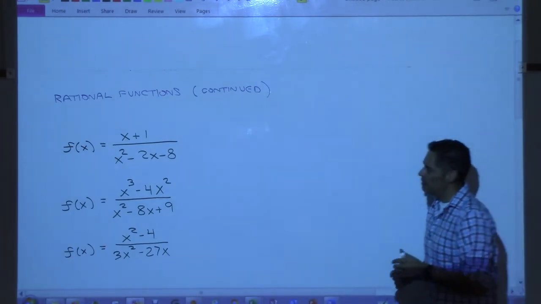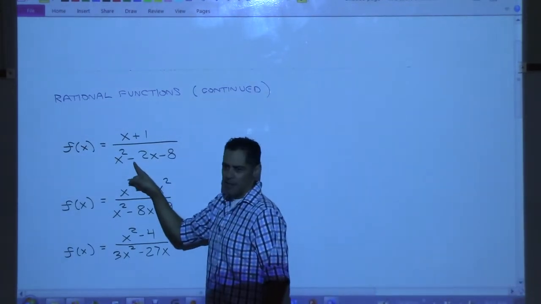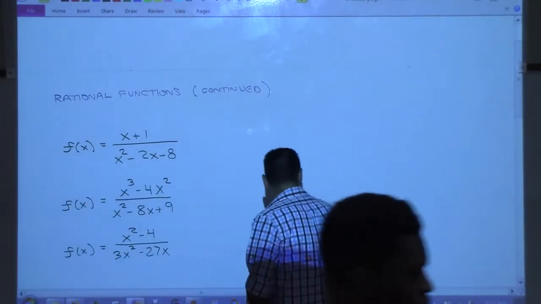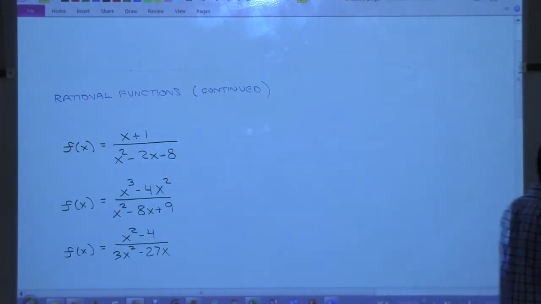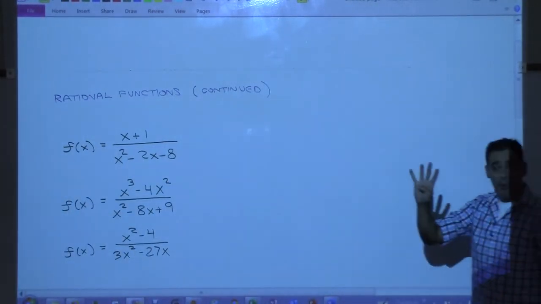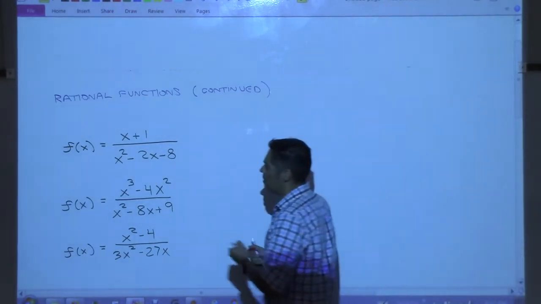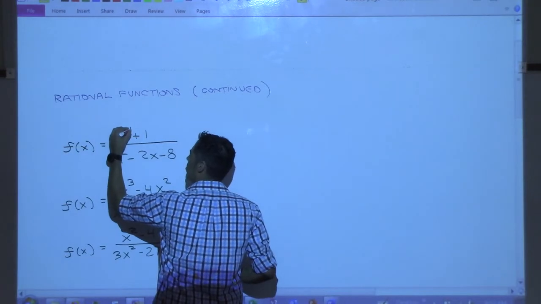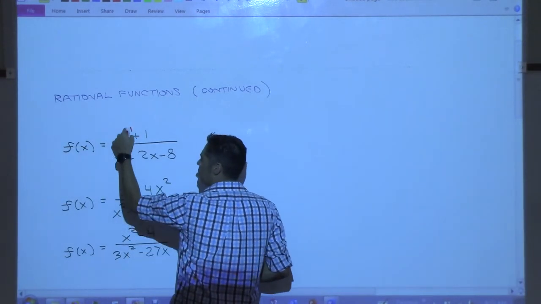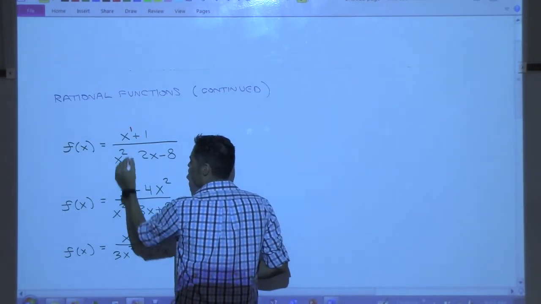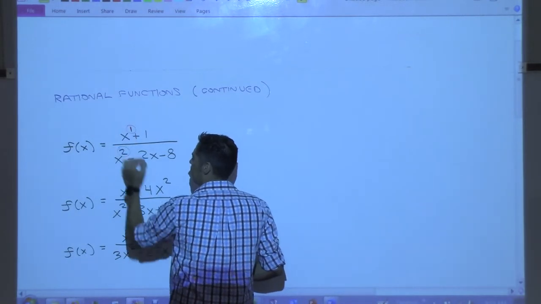Okay, so we did this example in class last time. Now, what I was trying to get you to see last time is that when it comes to step 4, the horizontal asymptotes, the thing we're going to be looking at is the degree of the numerator and the degree of the denominator. So we're basically comparing these two numbers.